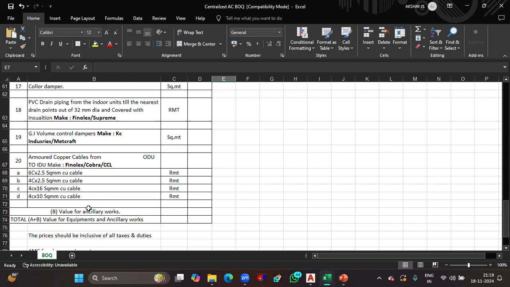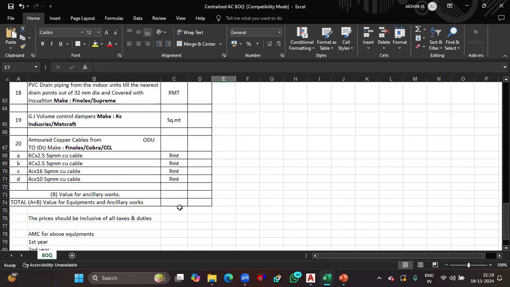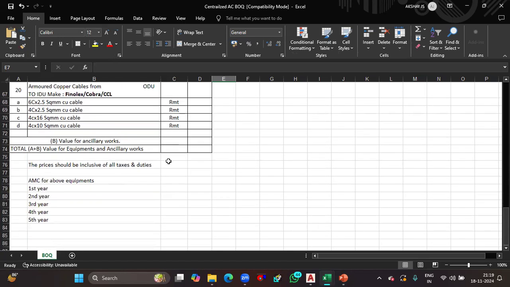Okay, then you need to add up the entire cost value. You'll be getting a total project cost, and it should be included with the tax and duties, like the GST and this whole kind of stuff. And down the line, if the client is requiring an AMC, which is an annual maintenance cost, for each year you need to quote a required amount of price that you can claim from the client itself.